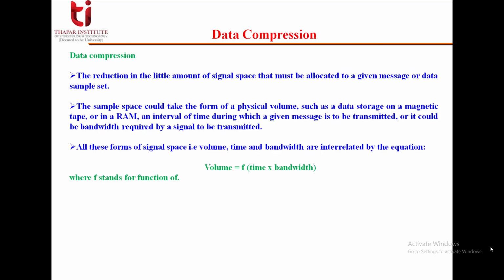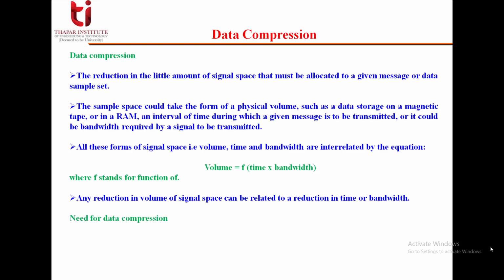All these forms of signal space, that is volume, time and bandwidth, are interrelated by the equation. As you can see, volume is equal to a function of time and bandwidth, or we can say time into bandwidth. Any reduction in volume of signal space can be related to reduction in time or bandwidth.